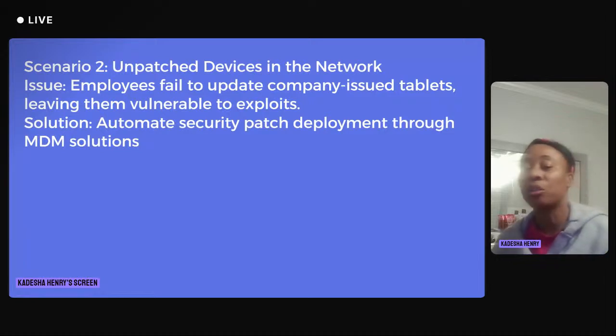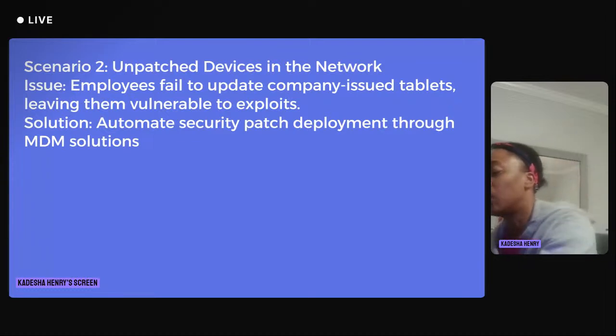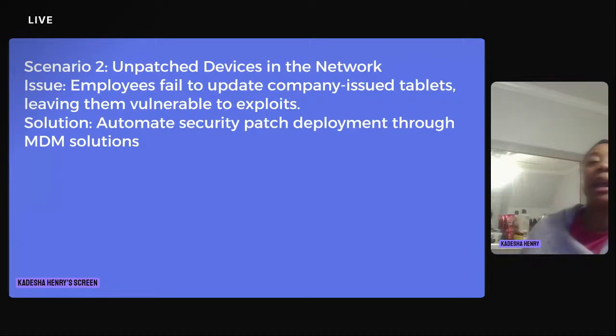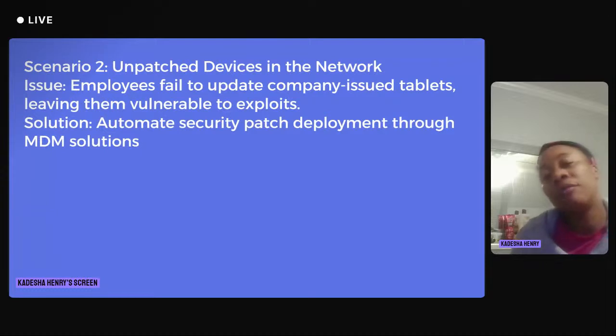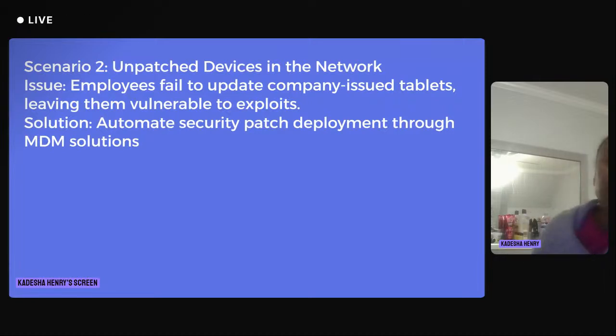That's why configuration and all of that is important, because we don't want our sensitive information at risk, and we can't rely on the employee to carry out these crucial aspects of our devices, because they can forget.